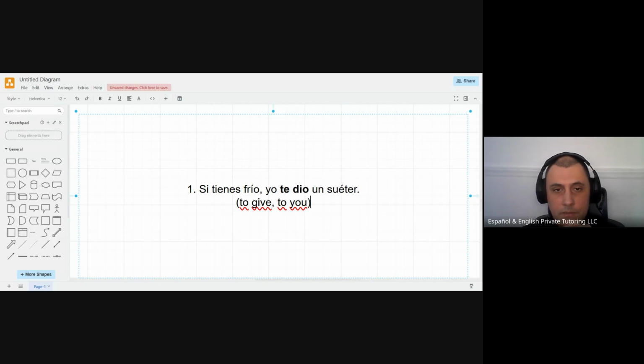If I translate this into English: if you are cold, I give you a sweater. Is that a good sentence in English? I would say a better sentence in English should be: if you are cold, I can give you a sweater. So I would suggest you change "give" to "can give."